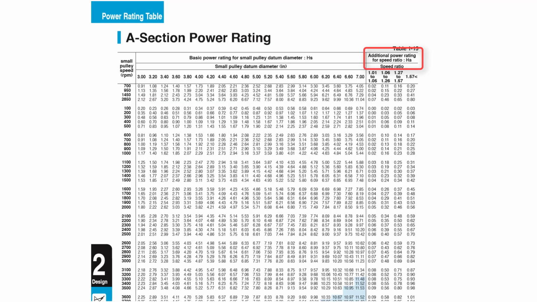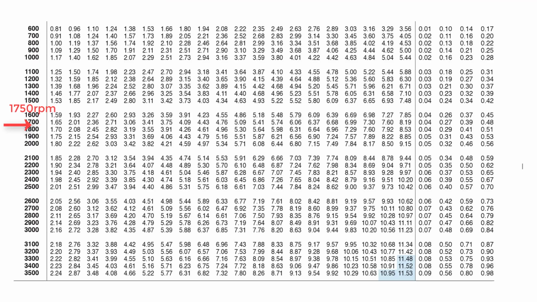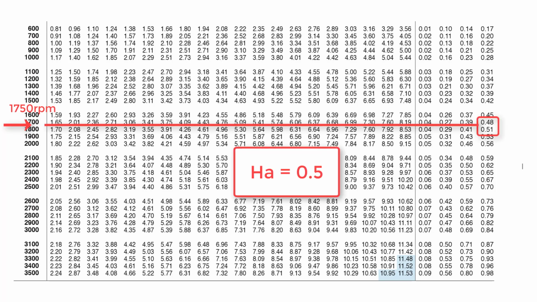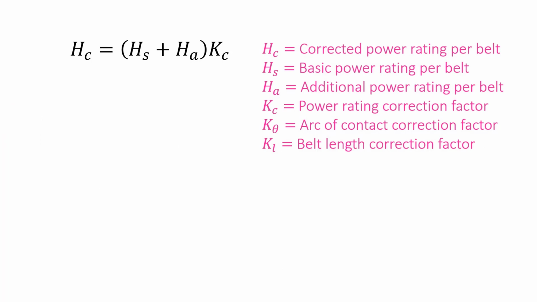For HA, additional power rating per belt, since our system speed ratio is 2, we refer to the last sub-column here, for speed ratio greater than 1.57. For the speed of 1750 RPM, we need to do an interpolation as well to get the value of our HA, 0.5.